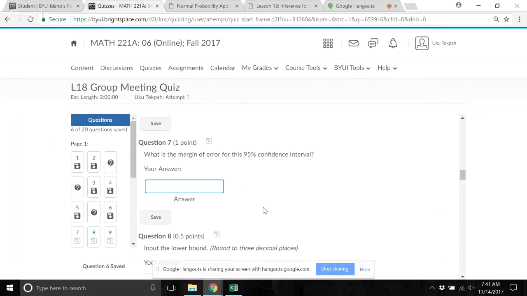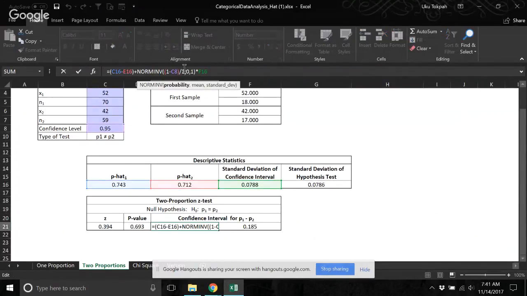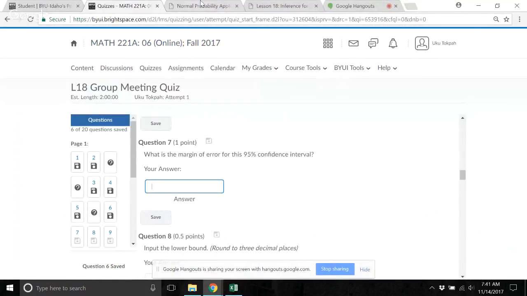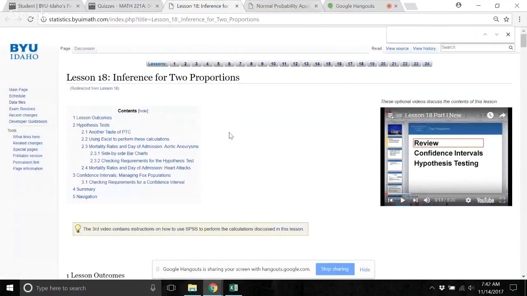All right, the formula for the margin of error. Margin of error for this 95% confidence interval. Okay, so all right, we've got a formula here. Let me show you my screen.